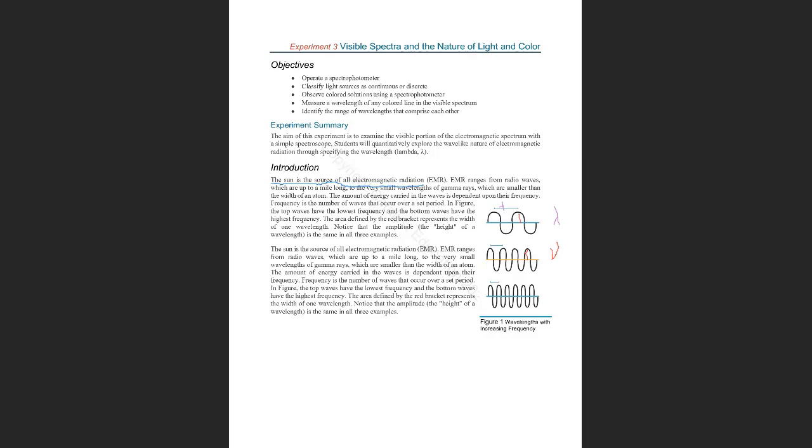It's the number of cycles or wave crests that pass through a stationary point in a given period of time. Let me say it again. Frequency is the number of cycles that pass through a stationary point in a given period of time.